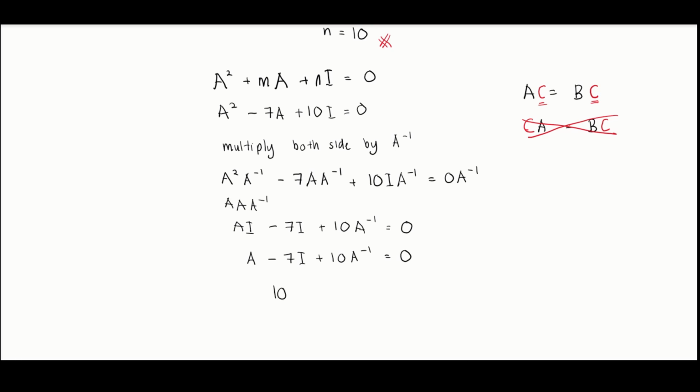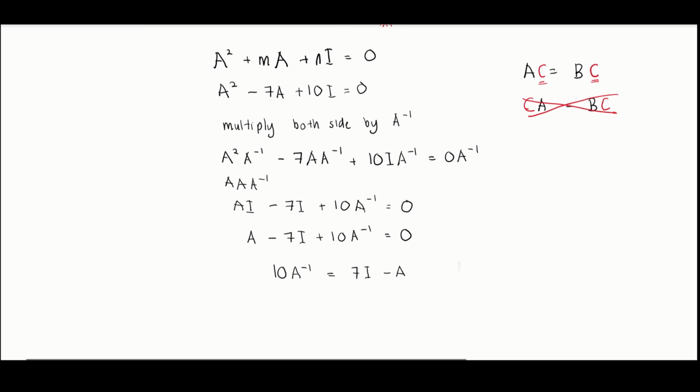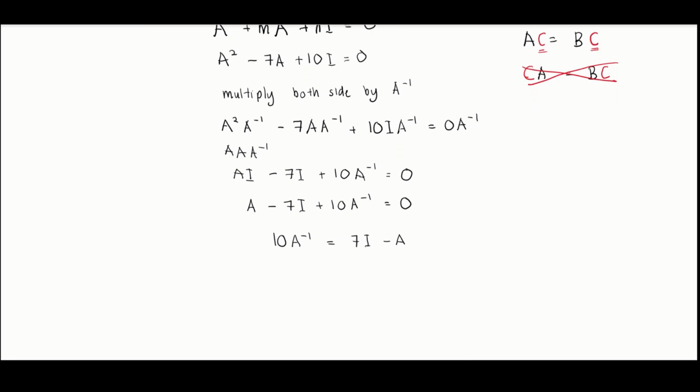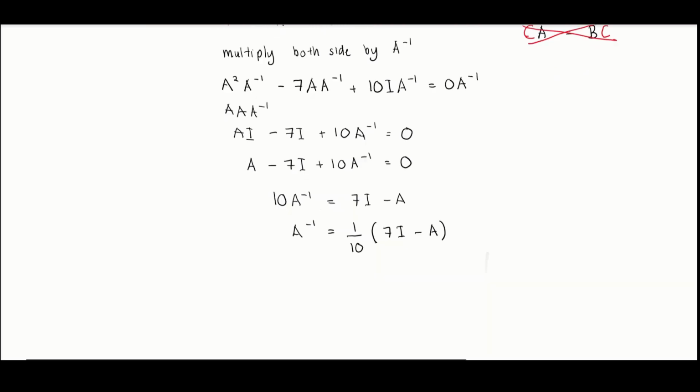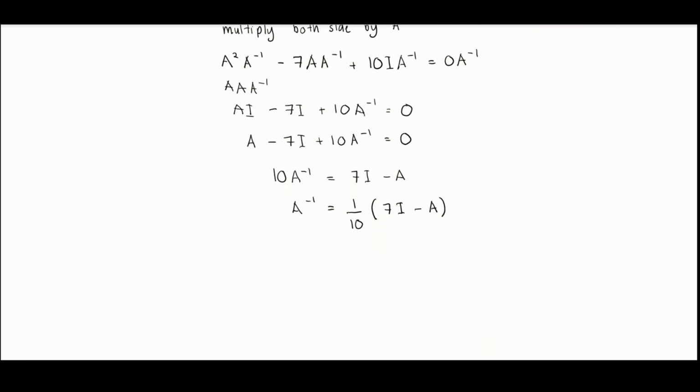So we get 10A inverse is equals to 7I minus A. And we just want A inverse, so 10 here we can divide both sides with 10. So we have A inverse is equals to 1 over 10 times 7I minus A.